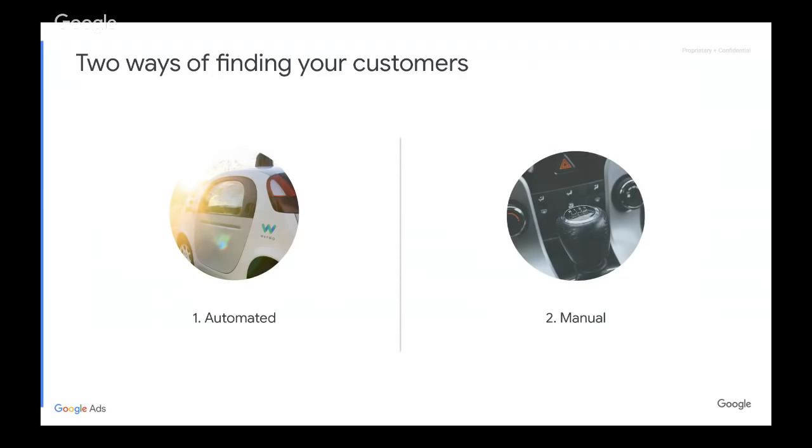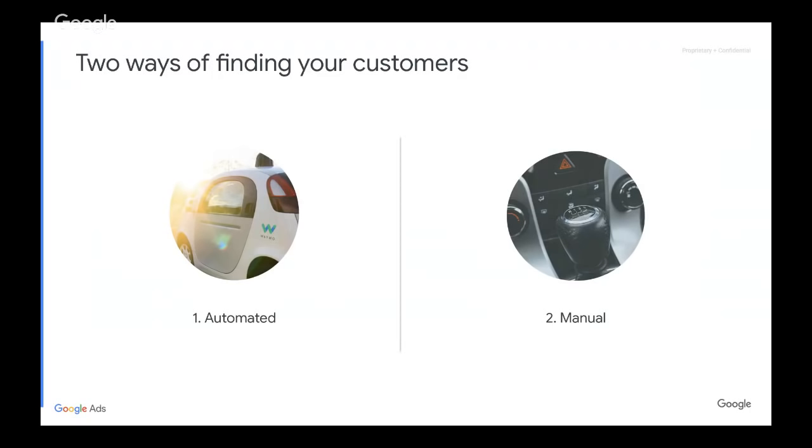On the left-hand side, we can do automated audience targeting, essentially using the best of Google's machine learning to figure out what the end consumer looks like for your business based on everything that is already there in your account or on your website. We will just figure out who the consumer is, and it will be automated for you, so you don't have to fill anything in for your campaign.